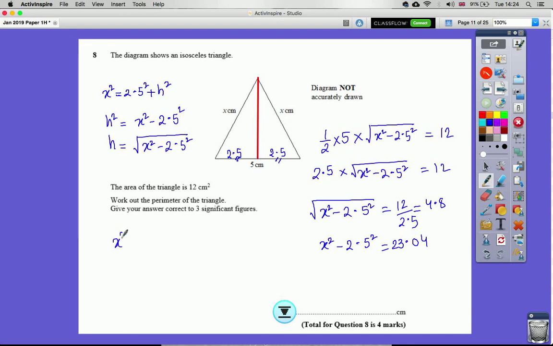So I get x squared is 23.04 plus 2.5 squared. So x squared is equal to 29.29. So x is going to be square root of 29.29, which is giving me 5.41, correct to three significant figures.